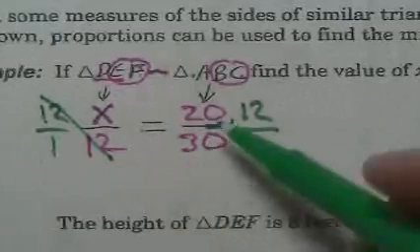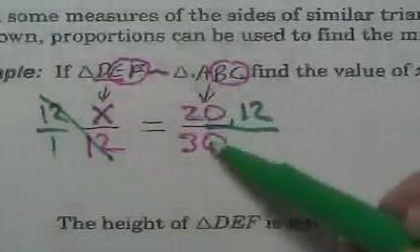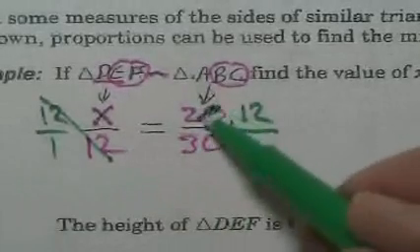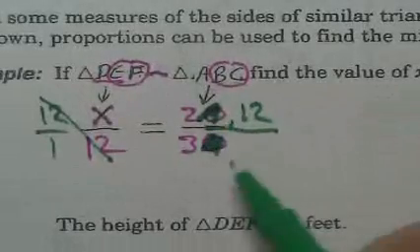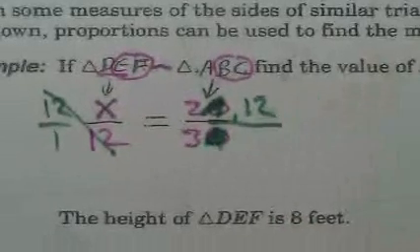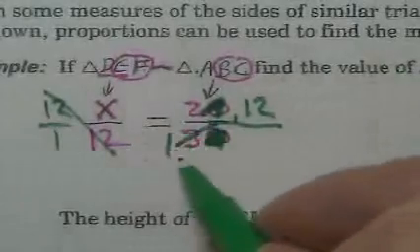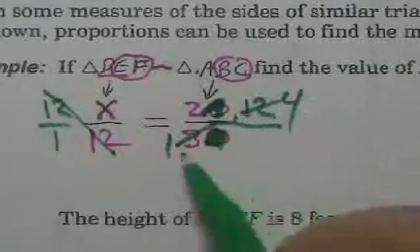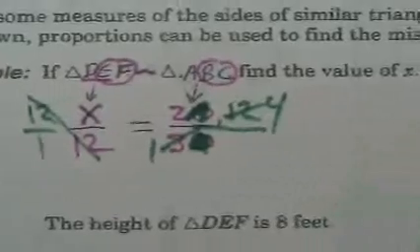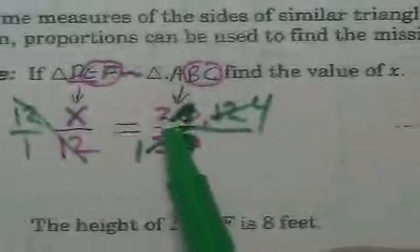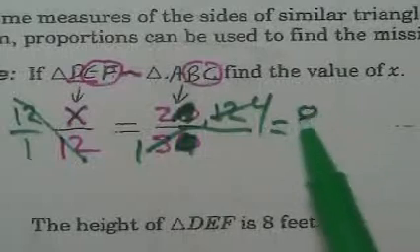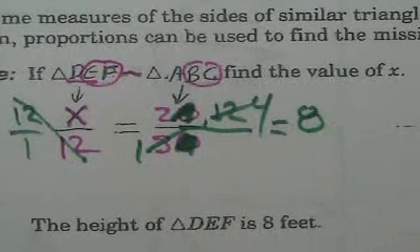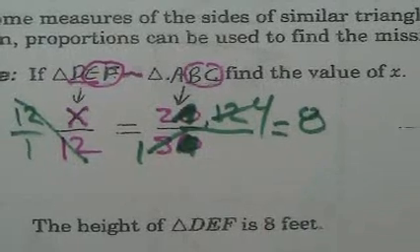First of all, 10 goes into 20 and 30. 10 goes in here 2 times. 10 goes in there 3 times. 3 will go into 12. 3 goes into 12 4 times. 3 goes in there once. So what am I left with? 2 times 4. 2 times 4 is 8. So our answer is 8.